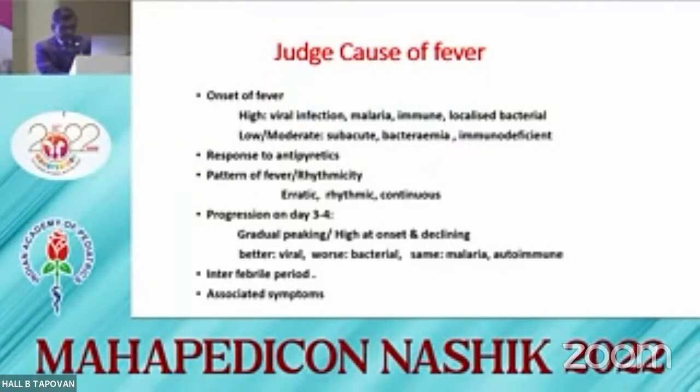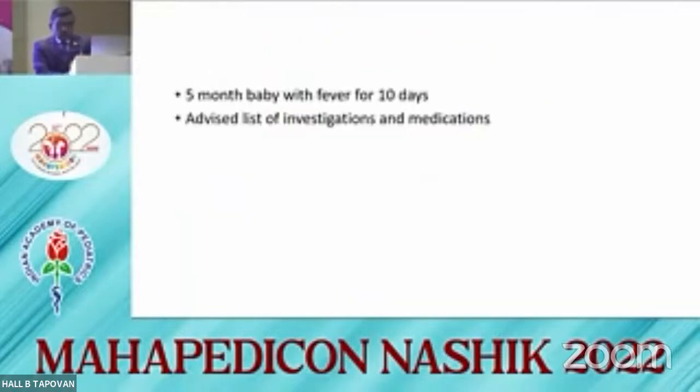Then what different investigations are we going to send? One more case I had, and I have heard a similar case from Dr. Tushar Maniar: a 5-month-old baby with fever for 10 days, and he said the fever went on for 30 days. The child would get 108, or 107, or 100.7 or 100.8 fever at 1 o'clock or 12:30 p.m., and it went on for 30 days.